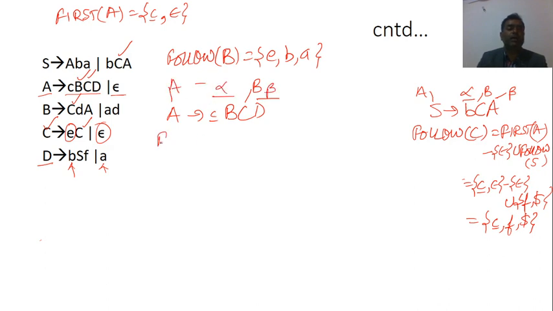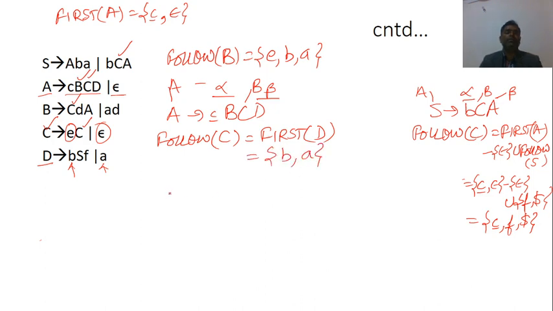Now I can write follow of B, that is C, equal to first of beta, that is first of D, and it is equal to what? First of D is B and A, so it is equal to B comma A, because it does not contain empty. Now consider the next production, this one.